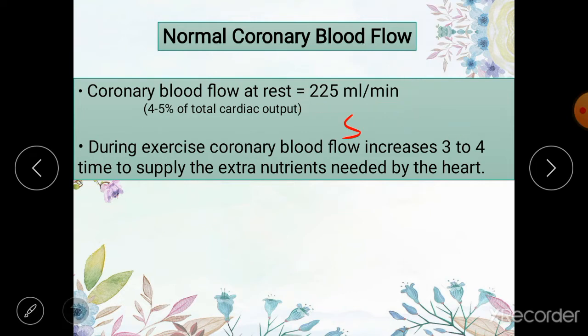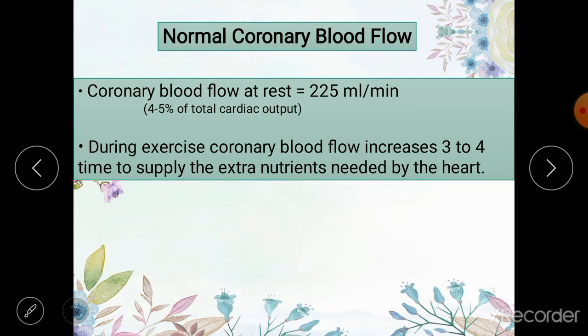But when you start exercising, your heart rate increases and your heart contractility increases, and the work done by your heart increases. So this 225 mL per minute is not enough to meet these increased metabolic demands.